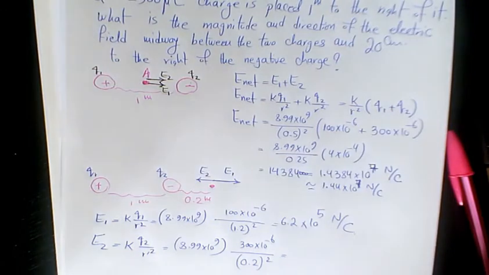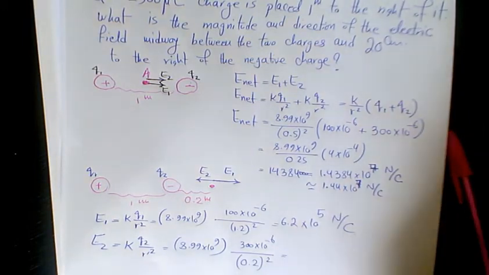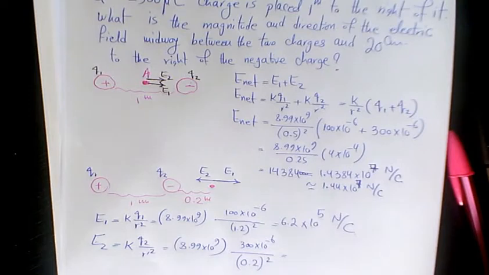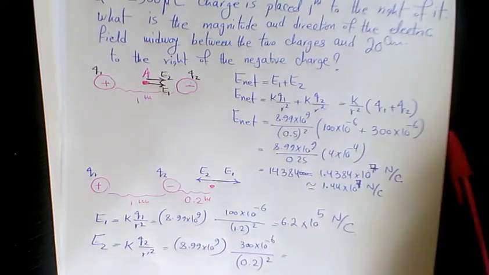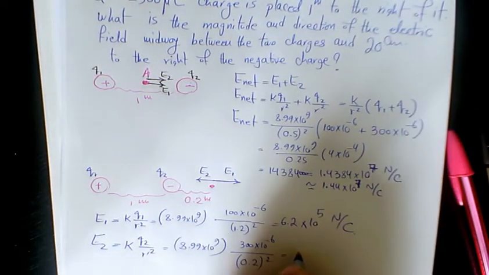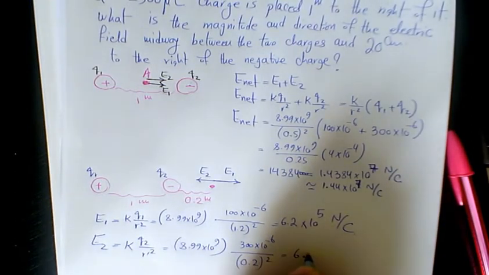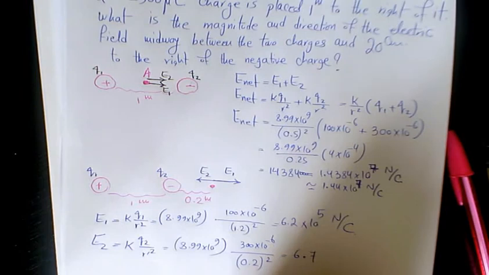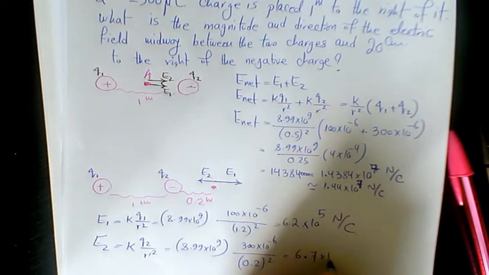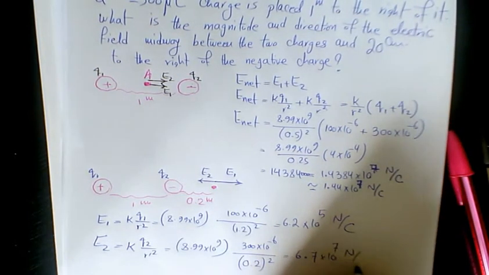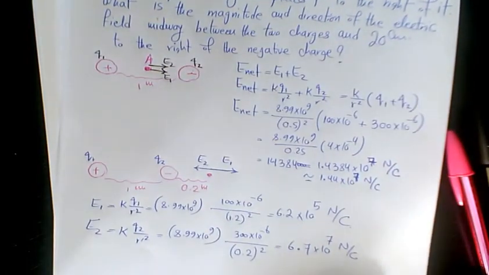So that will be 8.99 times 10 to the power of 9 times 300 times 10 to the power of negative 6 divided by 0.04. That is going to give me 6.7 times 10 to the power of 7 Newton per Coulomb.